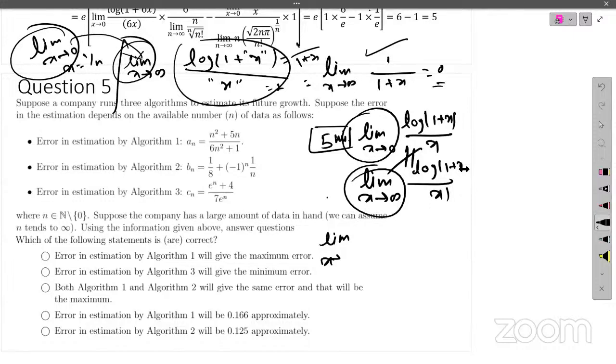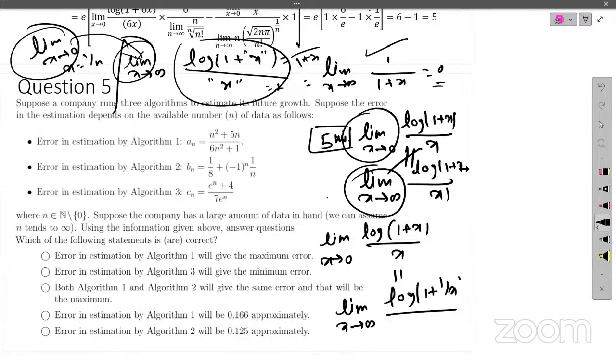Then the value will tend to 1, and only then these limits are the same. That means this limit as x goes to 0 is the same as the limit as x goes to infinity of log(1 plus 1 by x) upon x. So here we are changing the limit, but simultaneously we are making changes in the function in such a way that the sense of the limit is preserved.